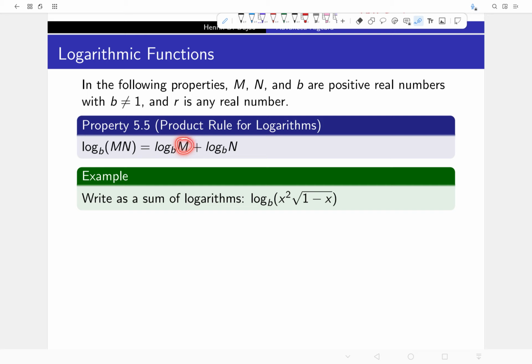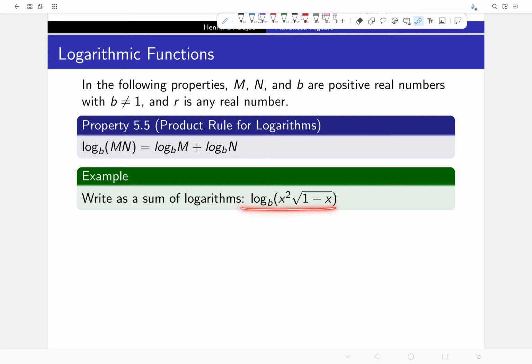You get the logarithm of m with base b and the logarithm of n with base b, and add them, if this is just a product. So make sure that m and n are being multiplied.